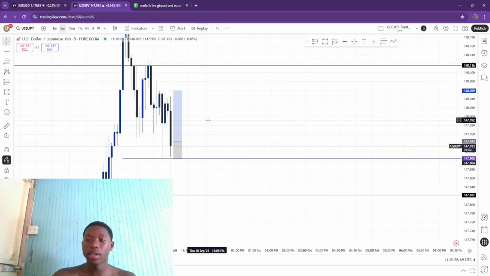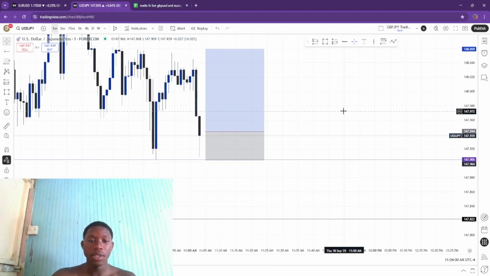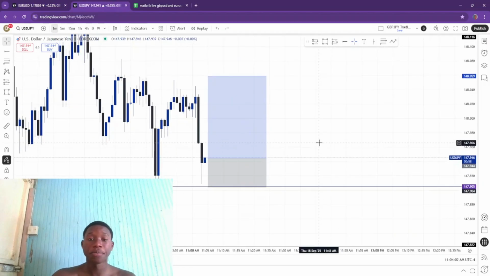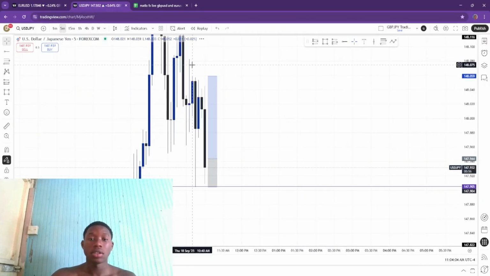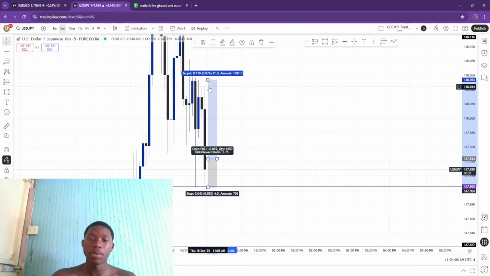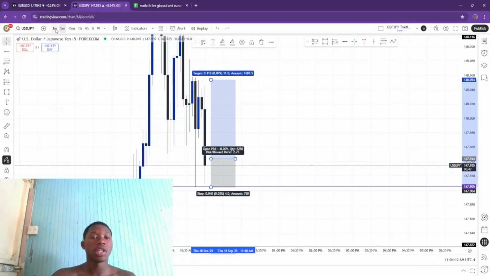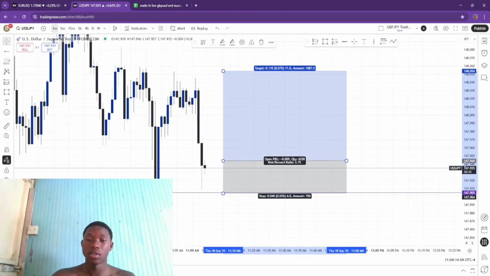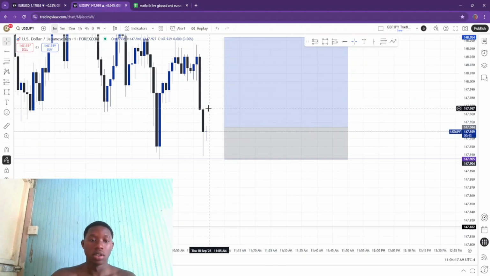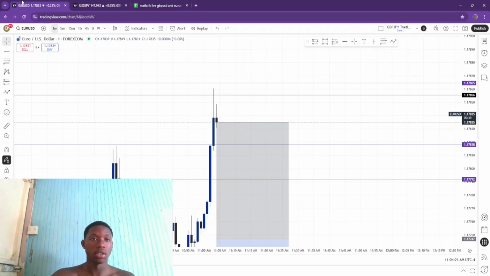USD JPY. Oh my gosh. We saw that moving lower also. That's the 5 minute high right there. An up, then a down candle. We could check our risk to reward ratio. I think I already have that marked out.